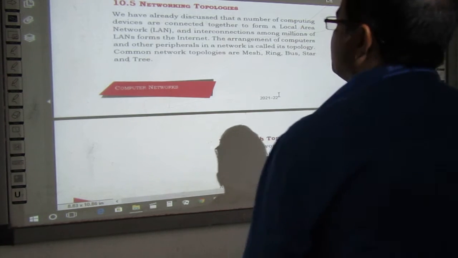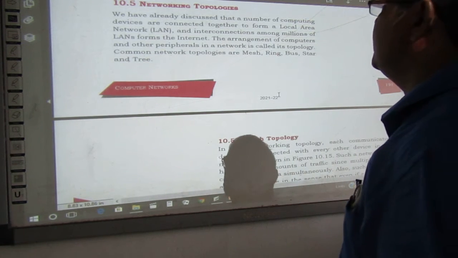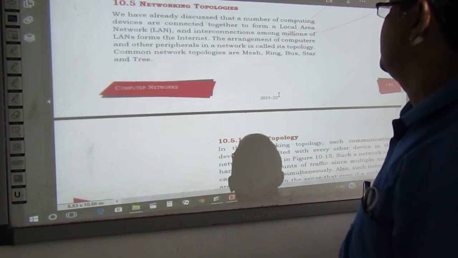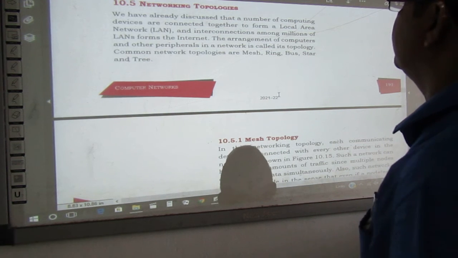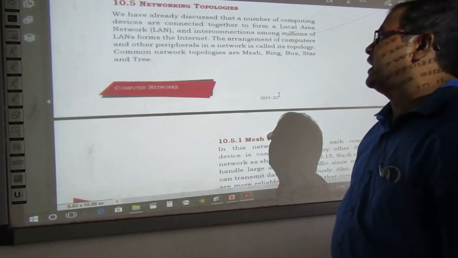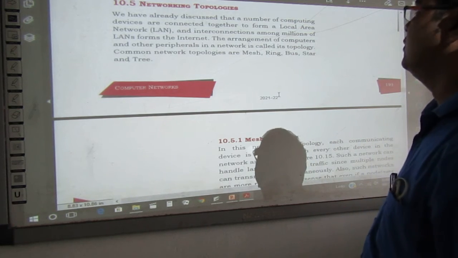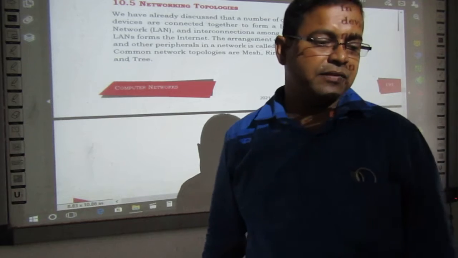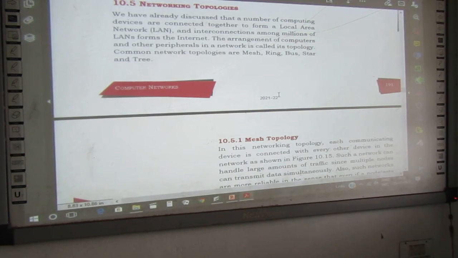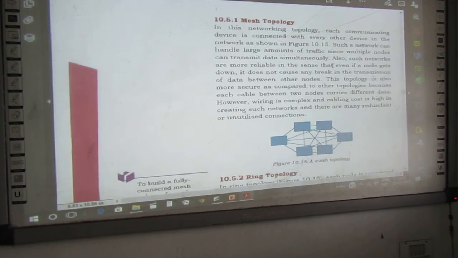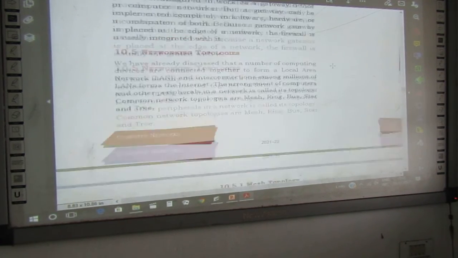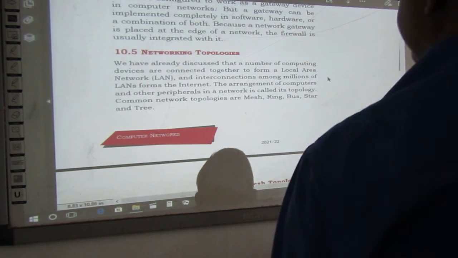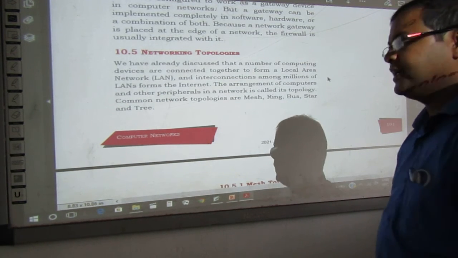Now, network topology. We have already discussed that a number of computing devices are connected together to form a local area network, LAN, and the interconnection among millions of LANs forms the internet. The arrangement of the computers and other computer peripherals is through different networking topologies, like mesh, ring, bus, star and tree.